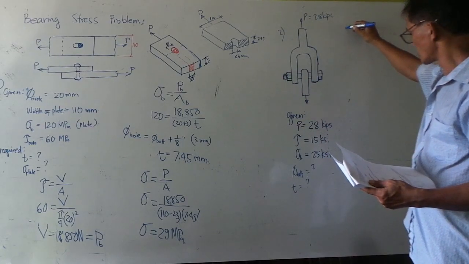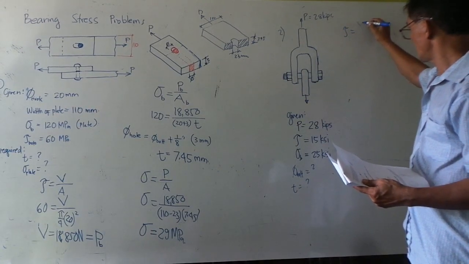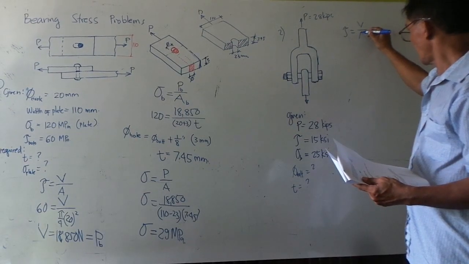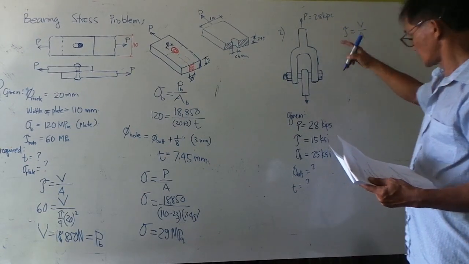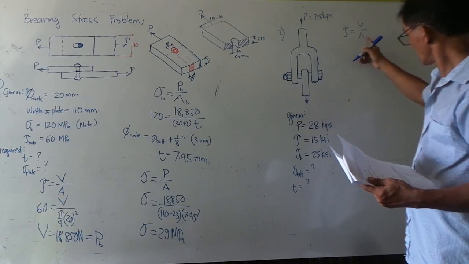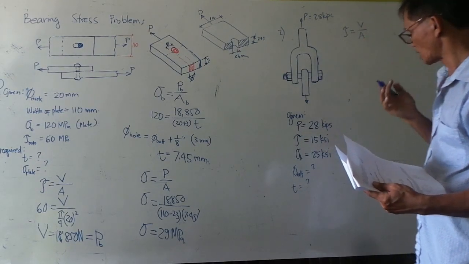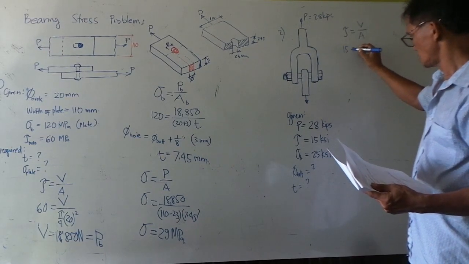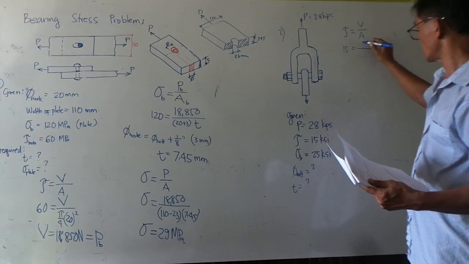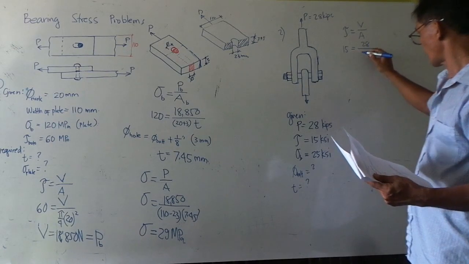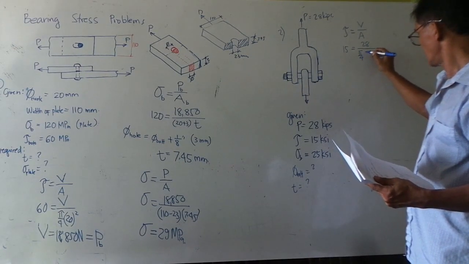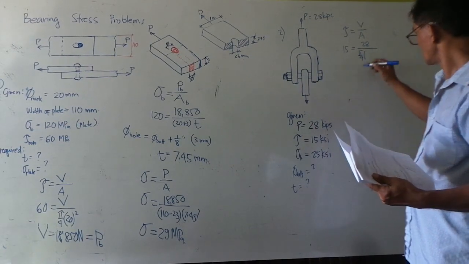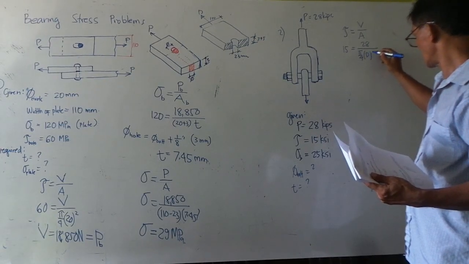So, you have your shear stress formula equals V over A. Given V and the stress, you can solve for the area or the diameter of the bolt. The shear stress is 15 kips per square inch, equal to 28 kips over the area, which is pi over 4 times the diameter squared.